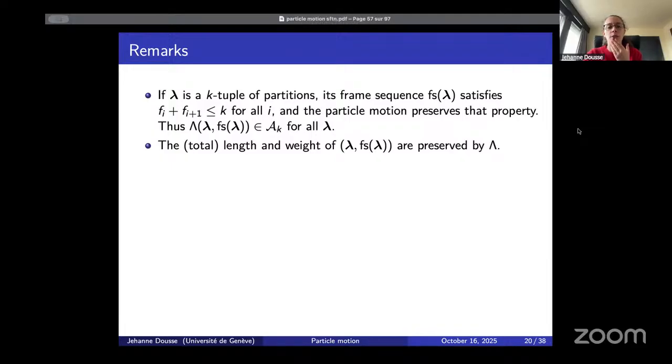We were also saying that when you do m particle motions, you increase the size of your partition by m, the weight. When I say weight or size, it's the same thing.